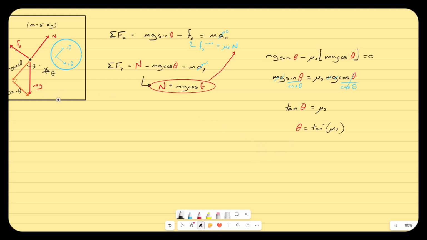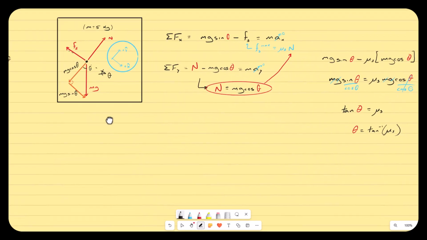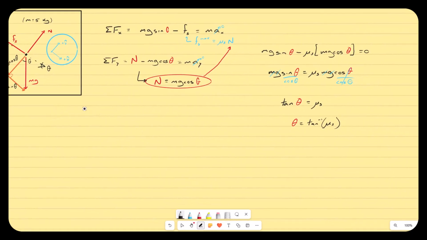My mu static on this one was 0.6. So I get the inverse tangent of 0.6, and my angle is 31 degrees.